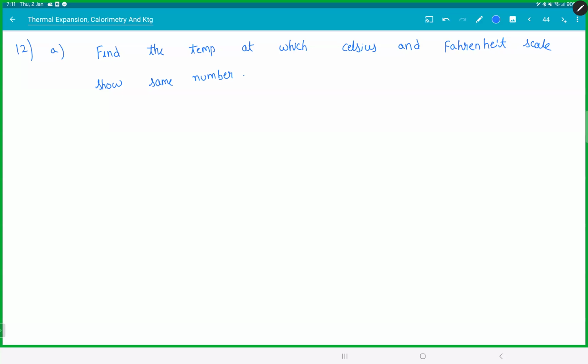Means that temperature, right? Both should measure the same thing. That's an easy one. Next thing.